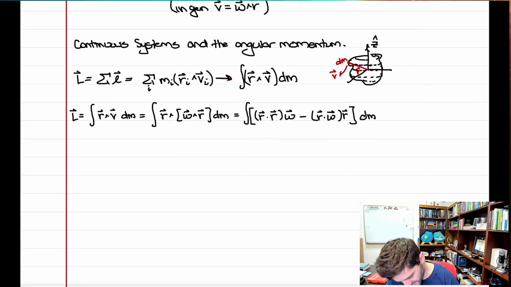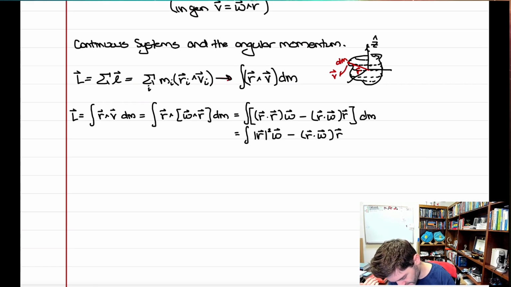Some of these can simplify. So this becomes an integral, a vector dotted with itself. It's just the magnitude squared, all multiplied by vector omega. And then it doesn't look like I can yet say anything about this dot product times r all over dm.